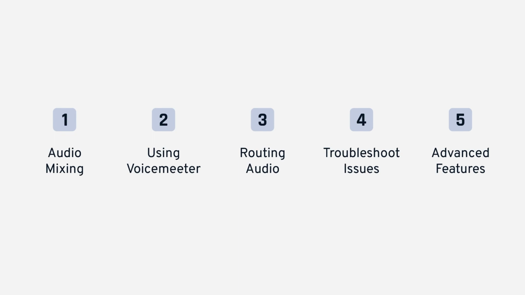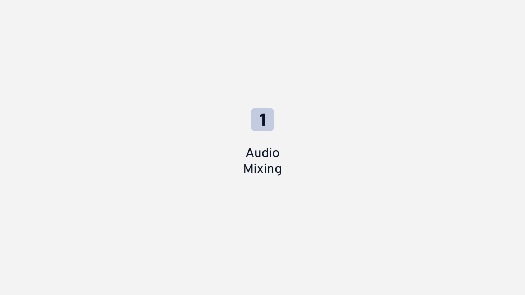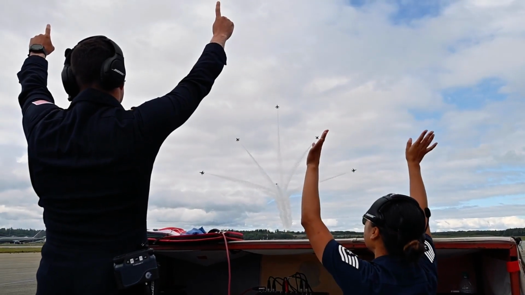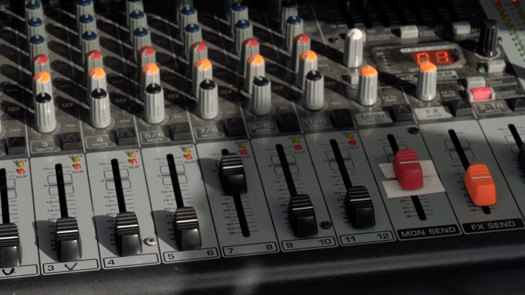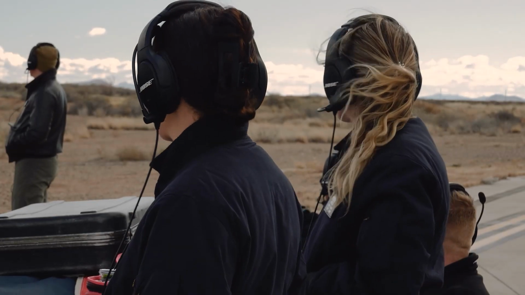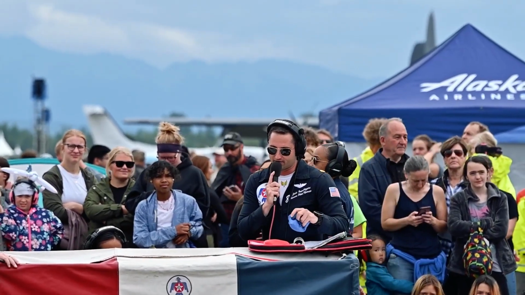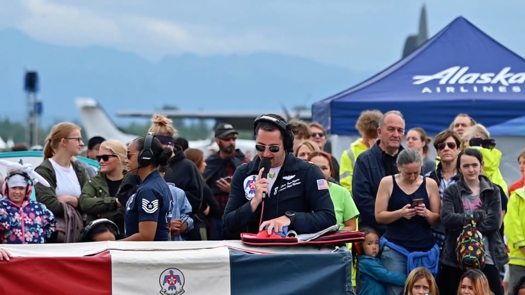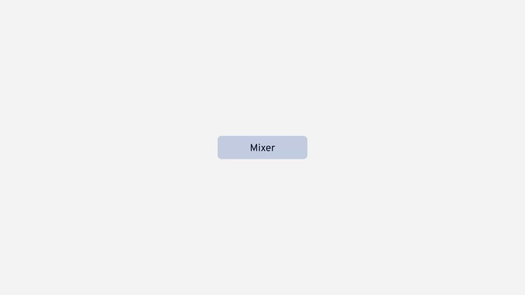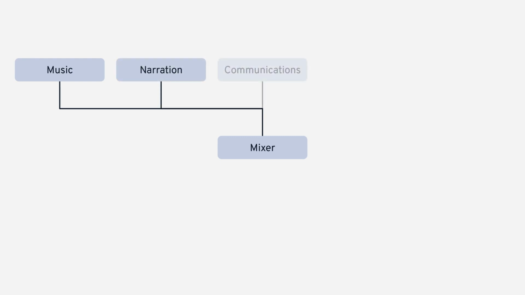First and foremost, what is an audio mixer? Let's go back to thinking about airshows. There is normally a public address system with audio from all kinds of sources playing. There are times when the show's production crew wants you to hear music, other times narration, cockpit communications, commentators, and more.